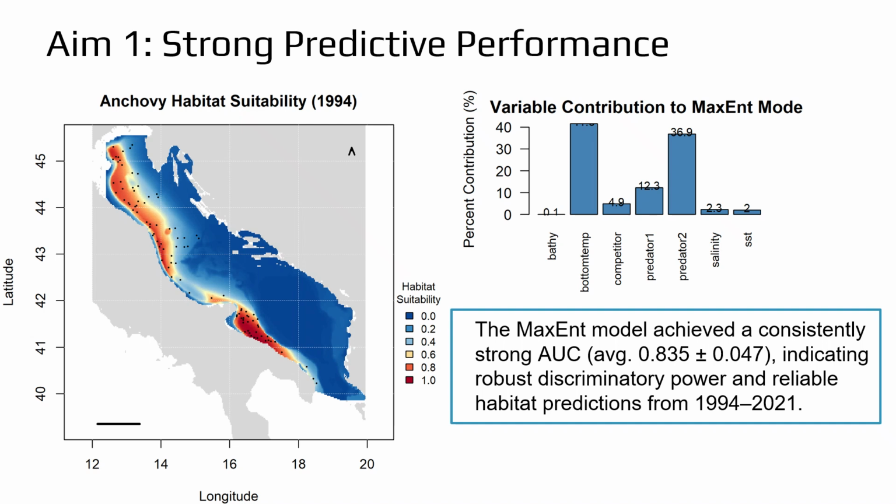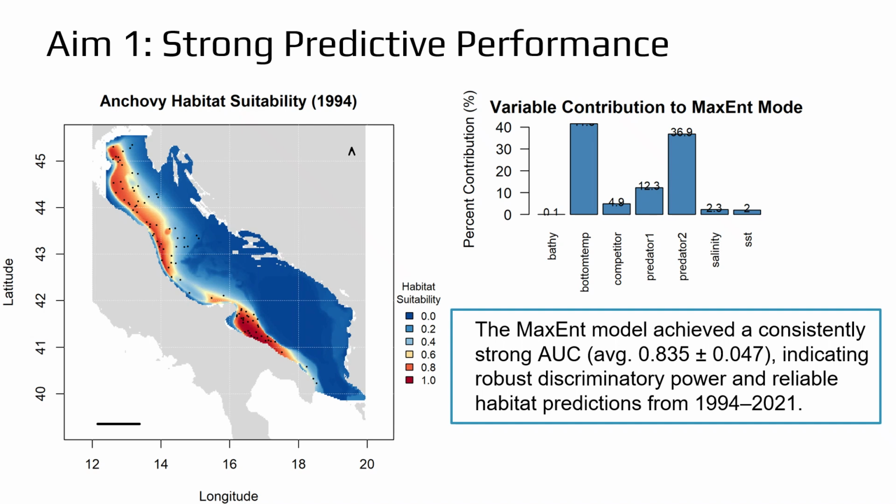So the result of our first aim, we did find a strong predictive performance. So these environmental factors were relevant in predicting the estimated anchovy habitat suitability. This here is an output from the first year of our model, so 1994. And the colors here shown more in a darker red or orange are indicating a higher likelihood of habitat suitability.